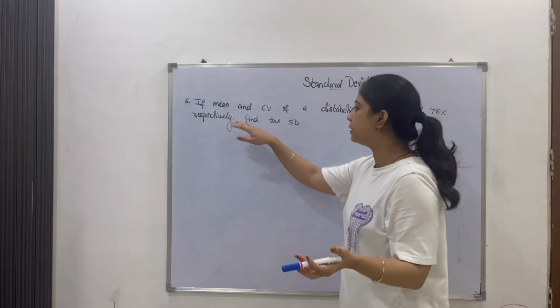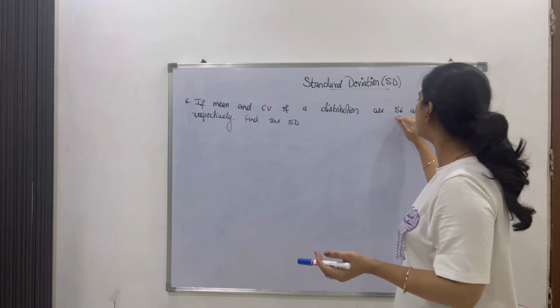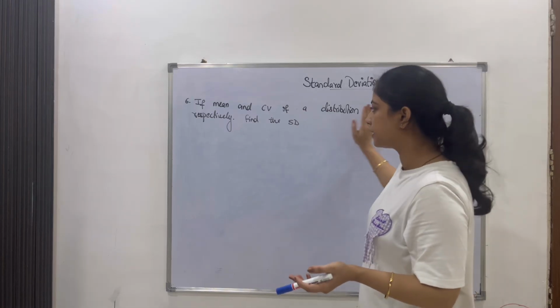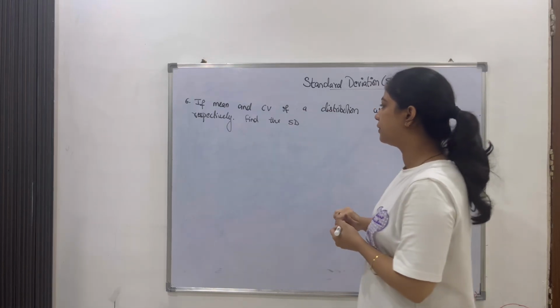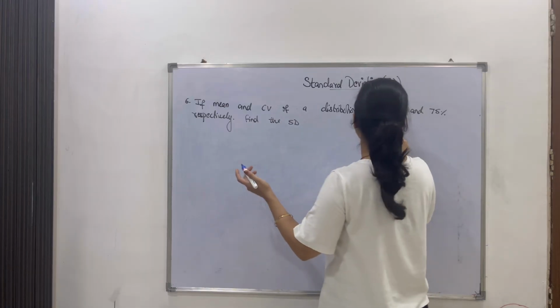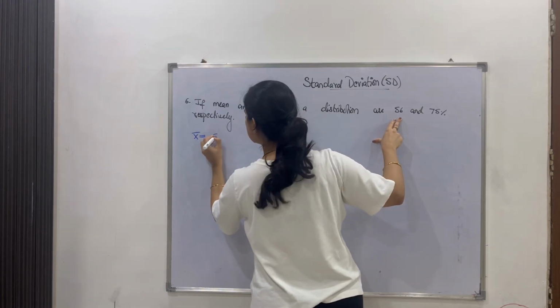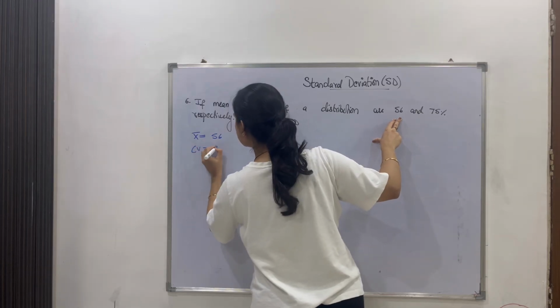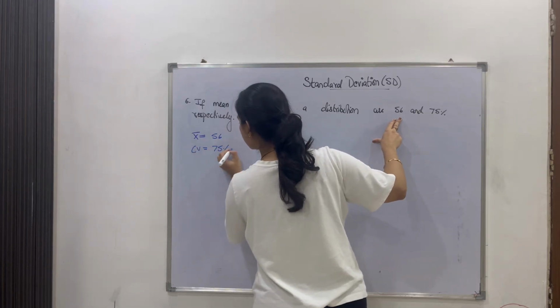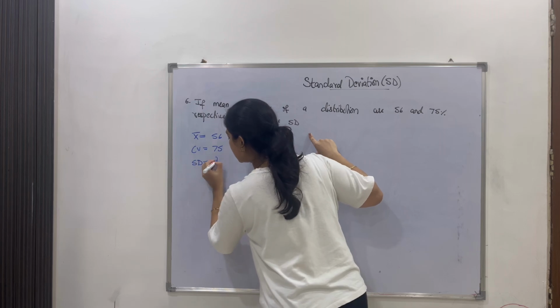See the next question. If mean and CV of a distribution are 56 and 75% respectively, find standard deviation. So first let us note down whatever they have given us in the question. So the mean here is 56 and the CV here is 75%, and they have asked us to find out standard deviation.